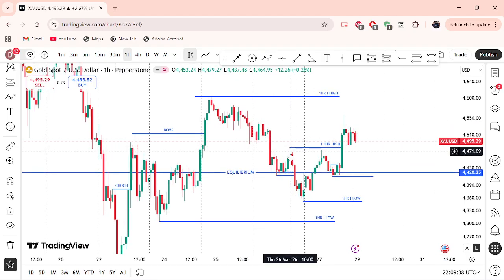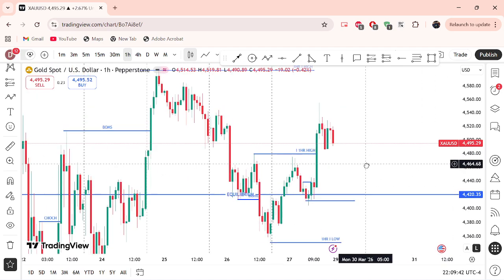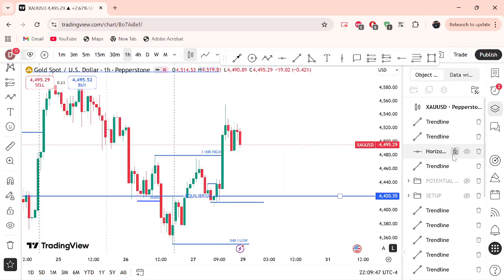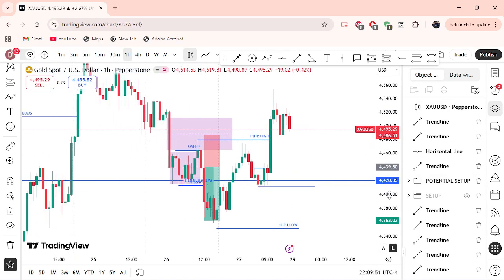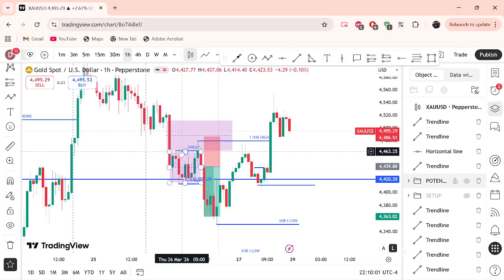So my setup was supposed to be here on Thursday. Let me show you, this was it. This could have been the potential setup, to see the market sweeping this high in a consolidation. So this was the consolidation high.